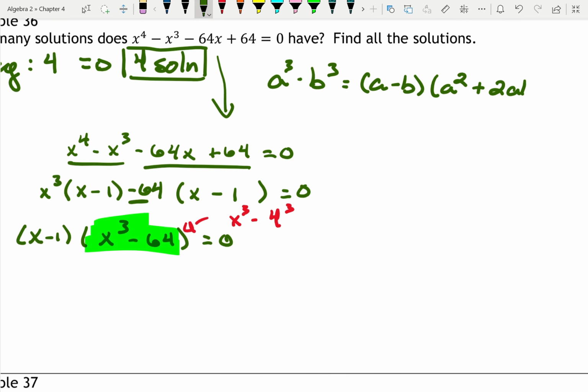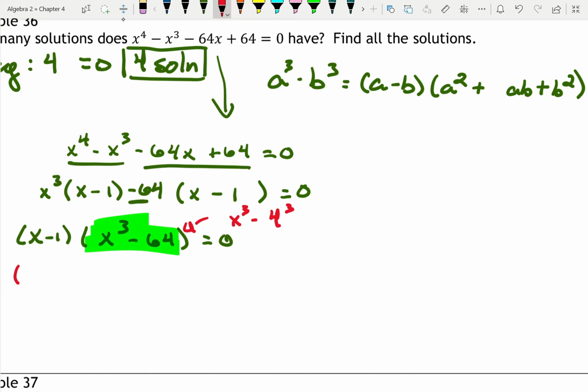I think it's 2ab plus b squared. Let me find it written down somewhere to make sure I have it right. Oh, I was wrong. This is just a plain old ab, no 2 in front of it. So there's our formula. I'll probably write this formula up whenever we start going over this section, and you'll probably want to have it somewhere in your notes. If you want to memorize it, that'd be awesome, but you can always just have it handy.